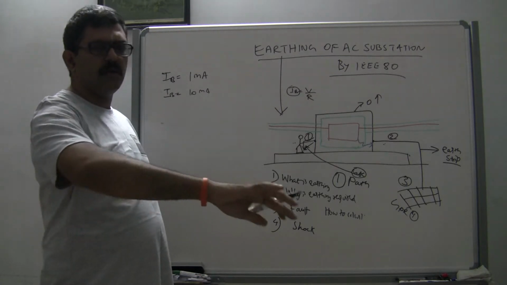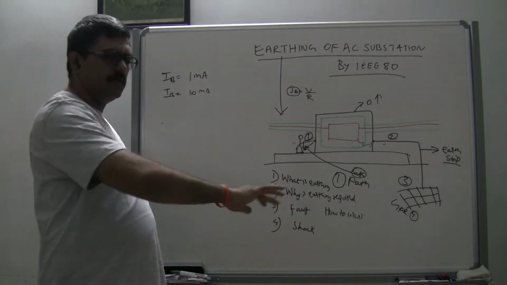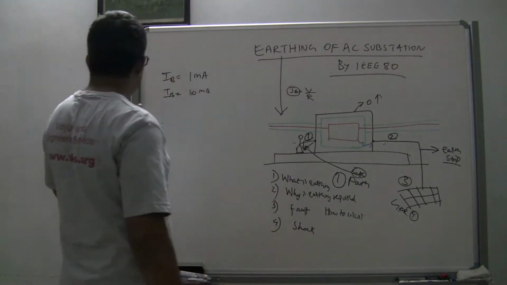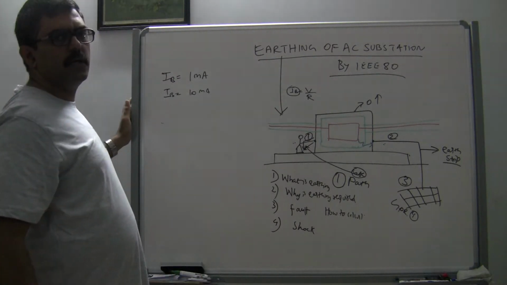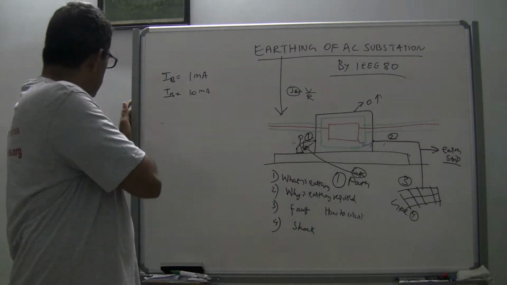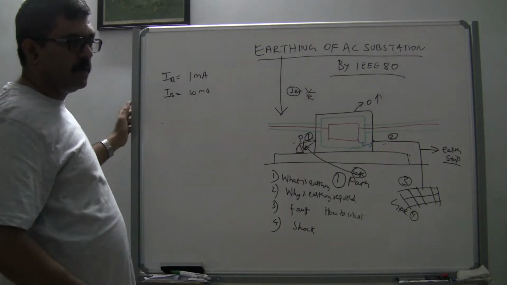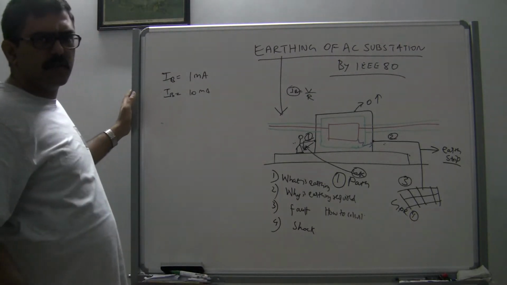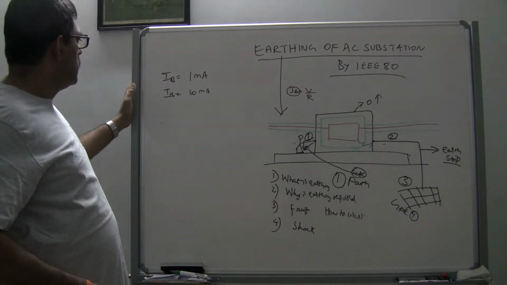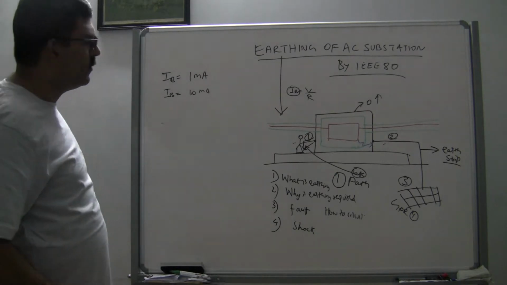Maybe the person cannot lift his hand. If somebody is touching like this, they cannot lift the hand because it will affect the signals of the nerve. So the person's hand is like this. Maybe due to gravity it may fall.